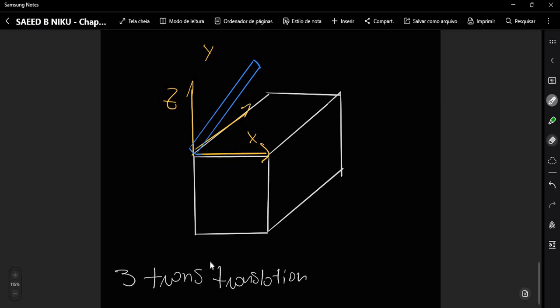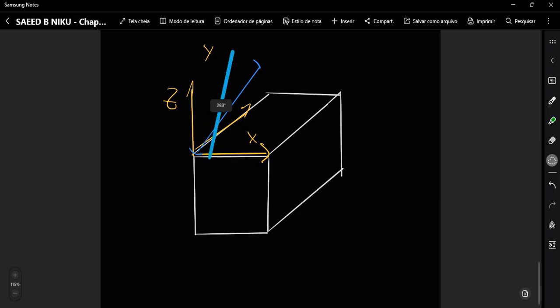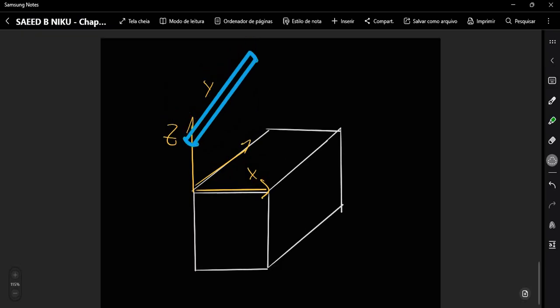Okay, so let's translate this robot arm alongside this axis. So it can be moving. We can translate to here. So we are doing a translation alongside the z-axis. So this robot arm is going to be localized on this point.